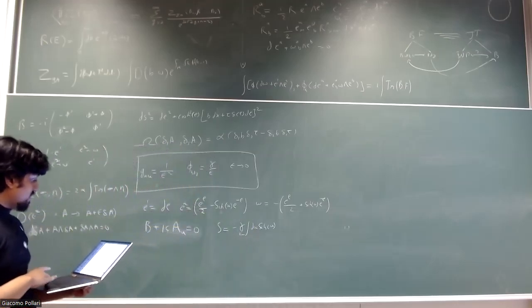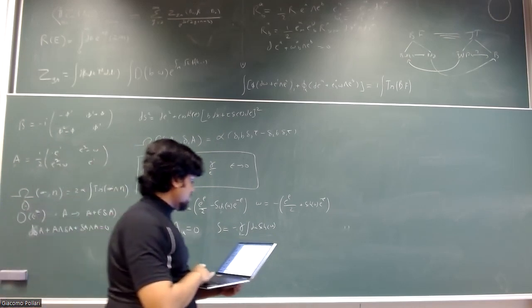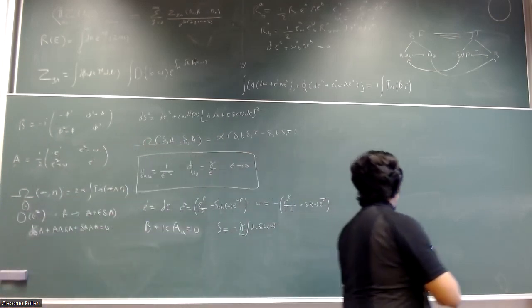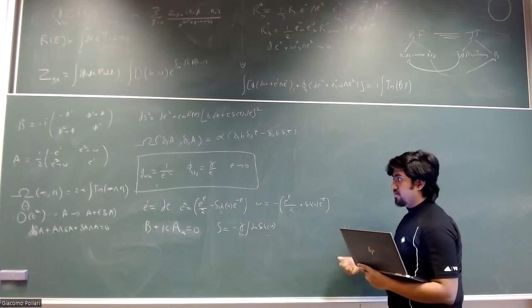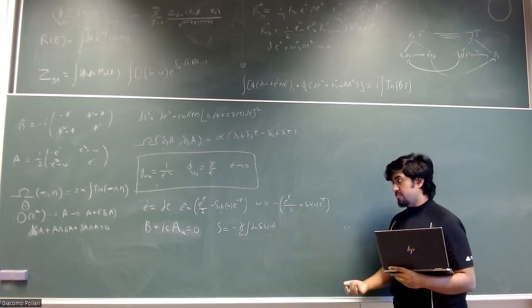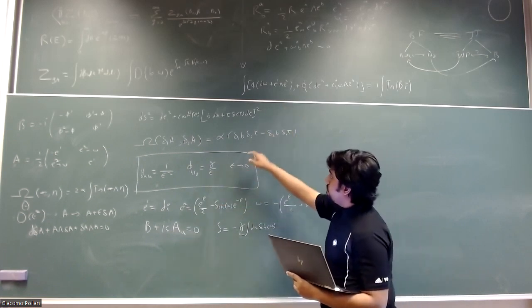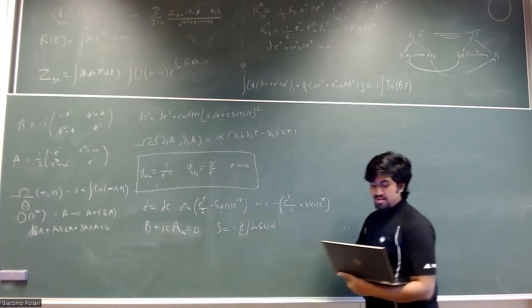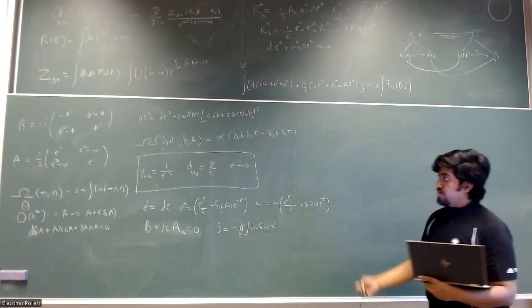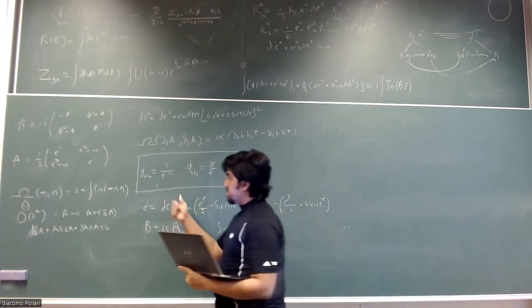Okay, so now that we have the action, we still need a measure to calculate the partition function, and we still haven't found a relation for this alpha yet. To do that, we go back to this.